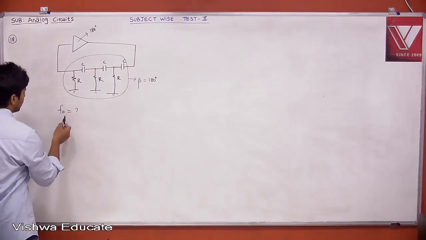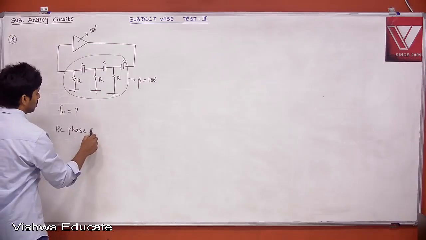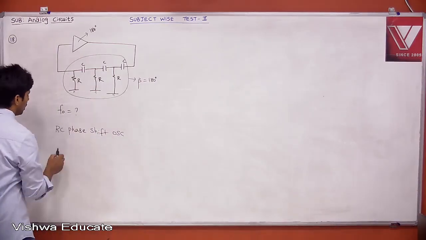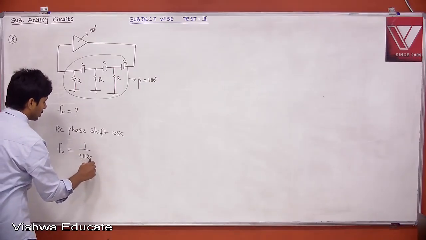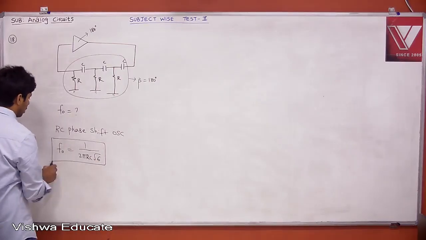And then if you solve, you'll get that this is nothing but an RC phase shift oscillator. If RC phase shift oscillator, then your resonant frequency is equal to 1 by 2 pi RC root 6. If it is Wien bridge oscillator, 1 by 2 pi RC only.